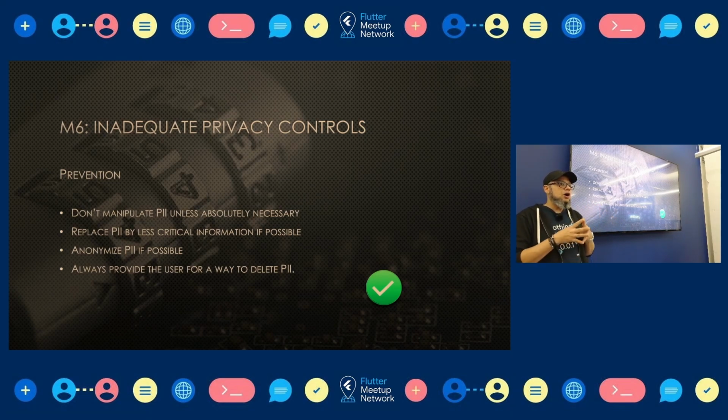And very important, this is not something that will necessarily trigger an M6, but if you want to comply with PIPEDA, you have to do it. You have to always provide a way for the user to delete their personal information. You always need to provide that.